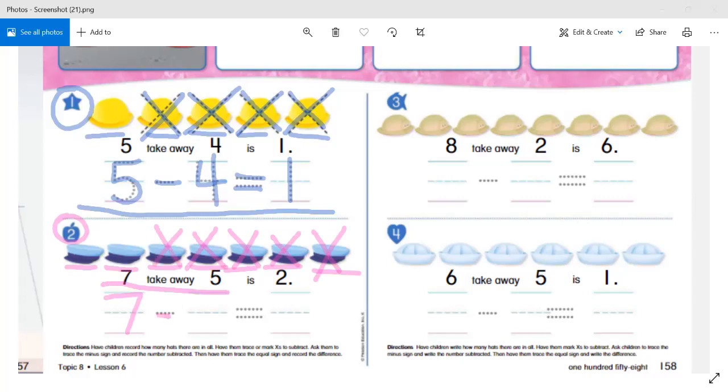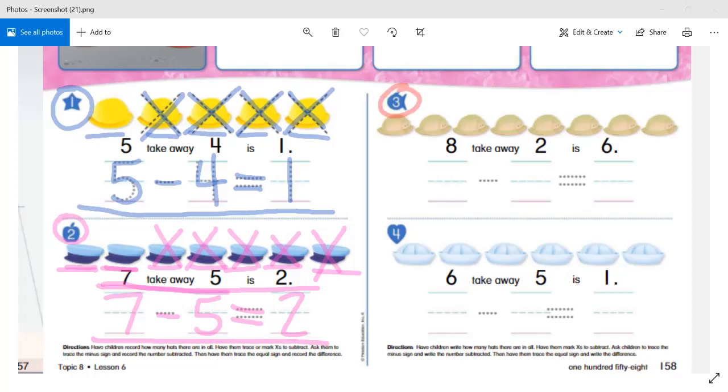We subtracted how many? 5. So 7 minus 5 equals, how many is left? 1, 2. So 7 take away 5 is 2, and 7 minus 5 equals 2. It means the same thing.